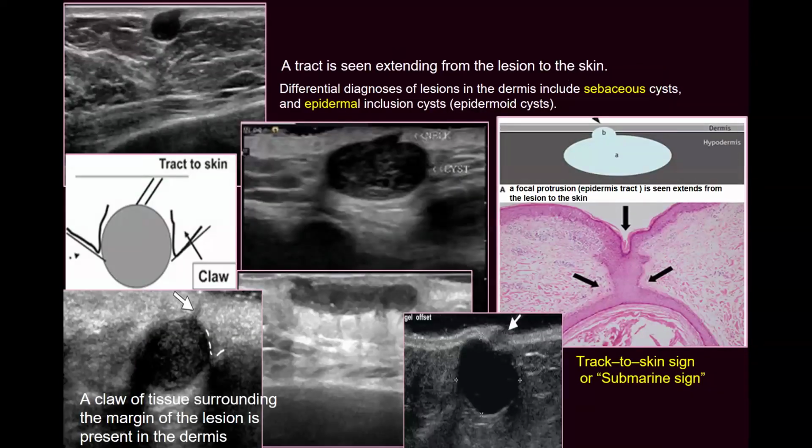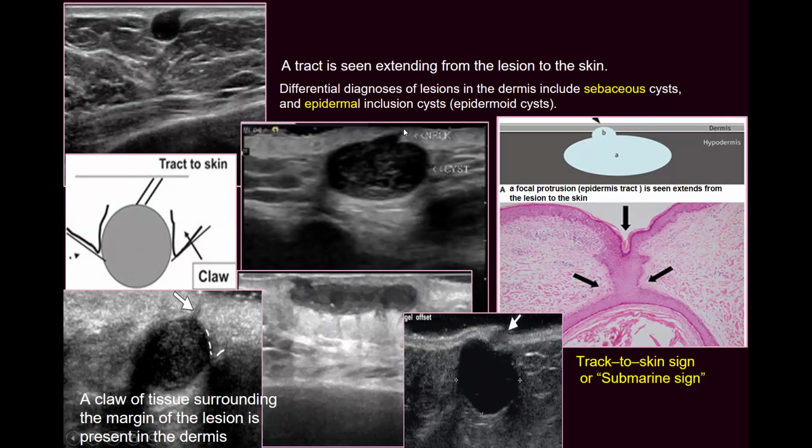Another feature is the tract to skin sign, or what is called the submarine sign. What is a submarine sign? It is a part of the hypodermal or dermal lesion, a thin tract extending into the skin or into the epidermis.